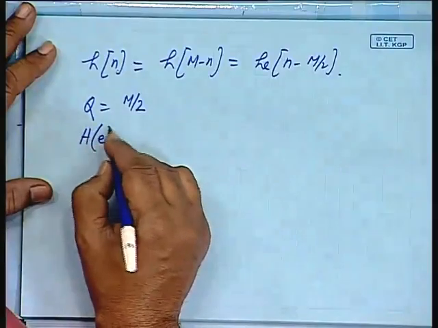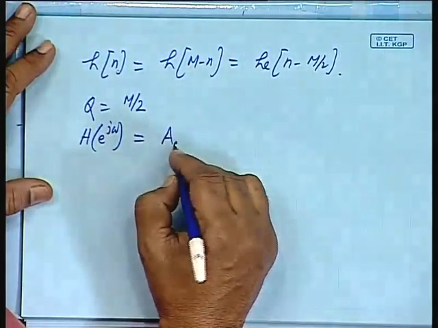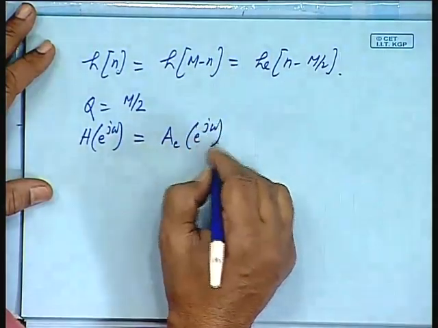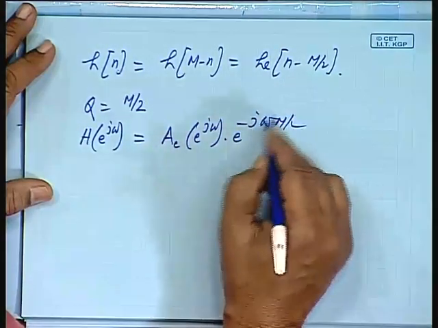So, H e to the power j omega will be A e to the power j omega into e to the power minus j omega m by 2. This is due to the phase shift.